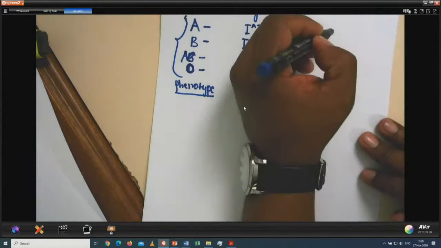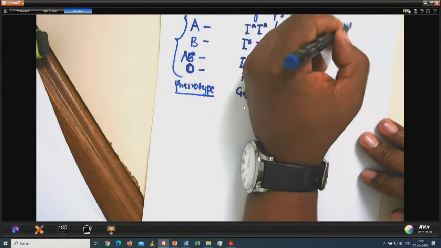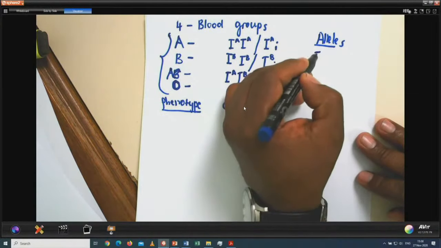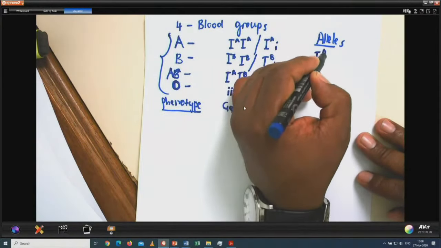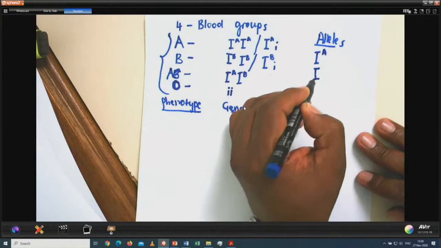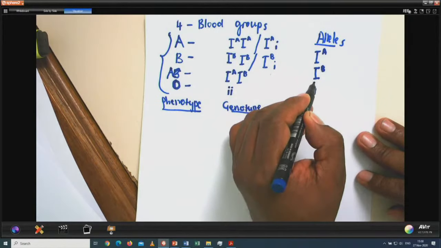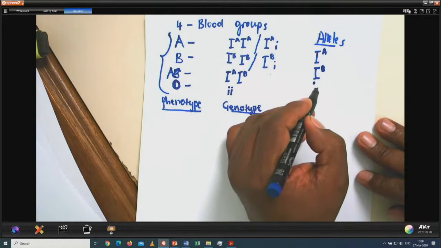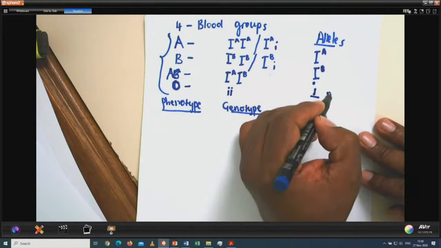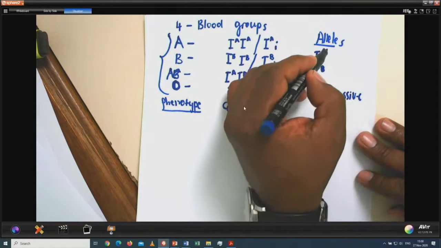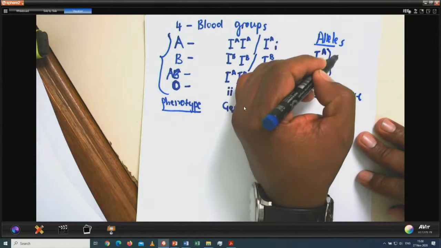Now, the alleles that control blood groups, there are 3. We have capital IA, capital IB and small i. And the small i is the recessive allele, while A and B are both dominant.